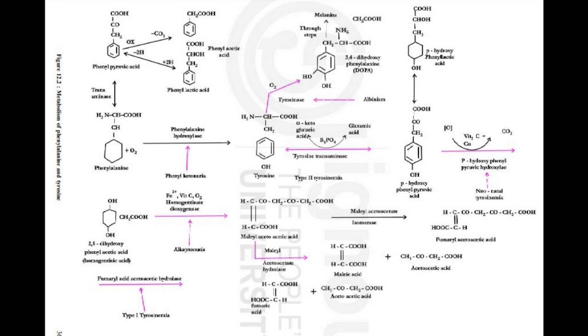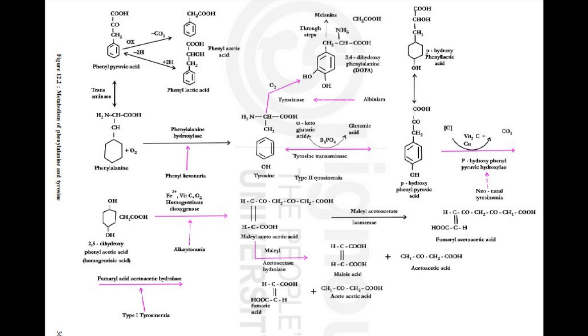In fact, Figure 12.2 gives all the chemical reactions along with the names of enzymes involved in the catabolism of the aromatic amino acids phenylalanine and tyrosine. For an easy understanding, defective steps leading to diseases are colored red, steps unaffected are colored green, and alternate pathways used to reduce accumulated metabolites, intermediates, are colored blue. So let us get started.